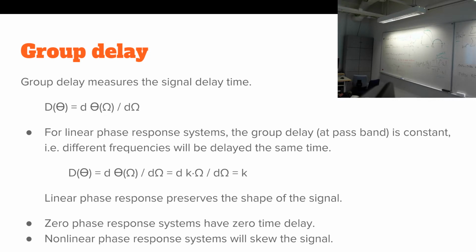Actually, this k here is a linear phase response, meaning that d theta over d omega is a constant times omega. That sounds like a first-order approximation.